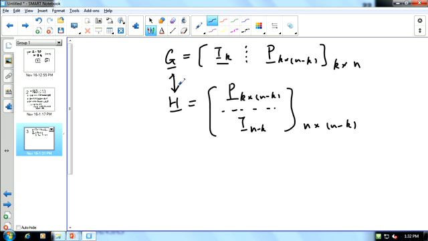So why do we need a parity check matrix? And the reason is we have a very nice property of these 2 matrices.